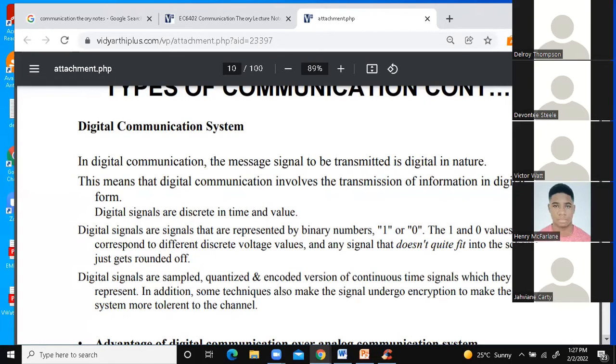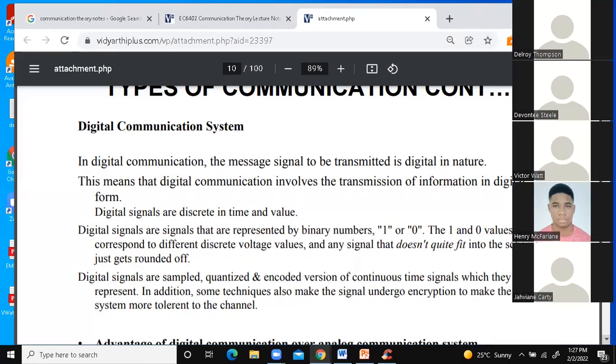Digital signals are represented by a binary number, 1 or 0. The 1 and 0 values can correspond to different discrete voltage values, and any signal that doesn't quite fit into the scheme just gets rounded off.